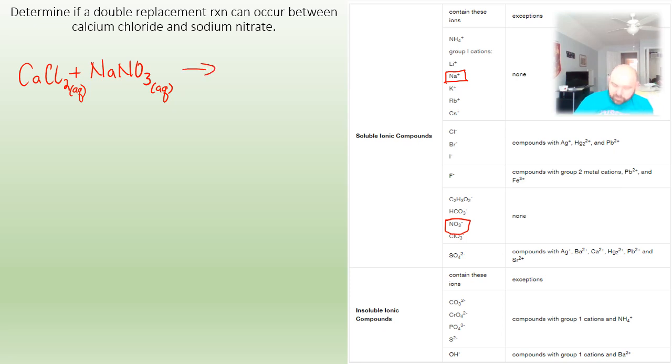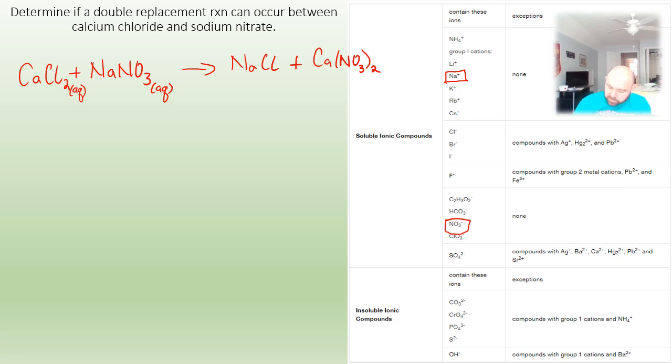And then if I rearrange those ions, I would find that sodium chloride, of course, has the formula NaCl, and calcium nitrate has the formula Ca(NO3)2. And so like I normally do, I would go and check and see if these are soluble or insoluble compounds.